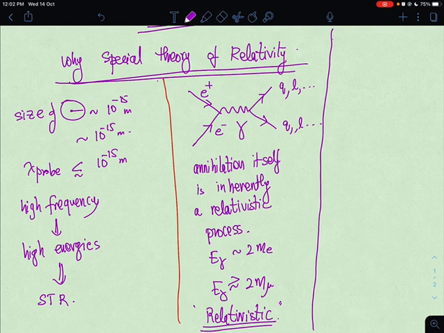And the third sort of experiments are fixed target experiments, in which you take, for example, a proton and hit it with high energetic electrons.